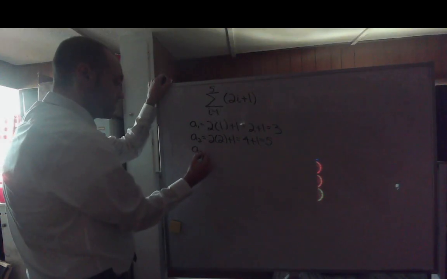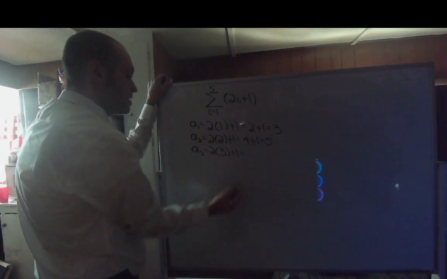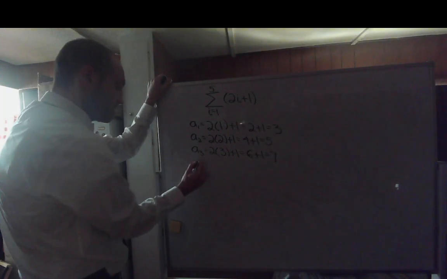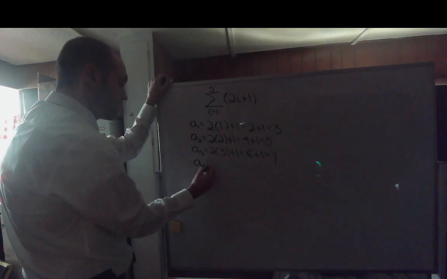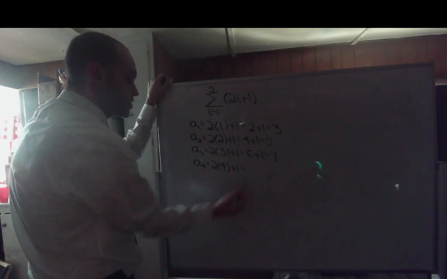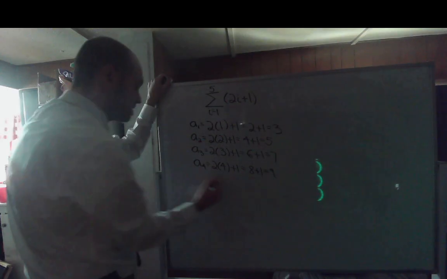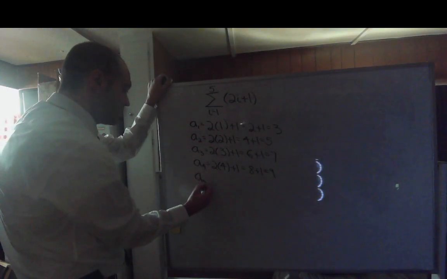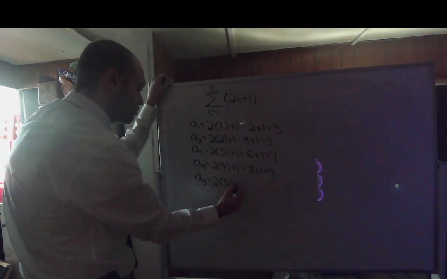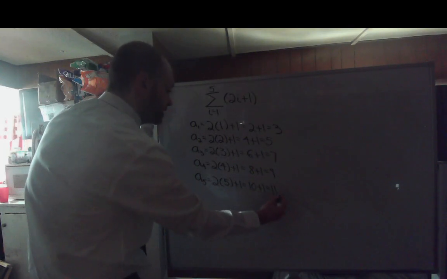A sub 3 equals 2 times 3 plus 1, which equals 6 plus 1, which is 7. A sub 4 equals 2 times 4 plus 1, which would be 8 plus 1, which equals 9. A sub 5 equals 2 times 5 plus 1, which would be 10 plus 1, which would be 11.